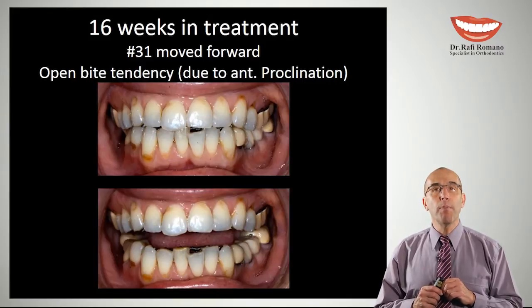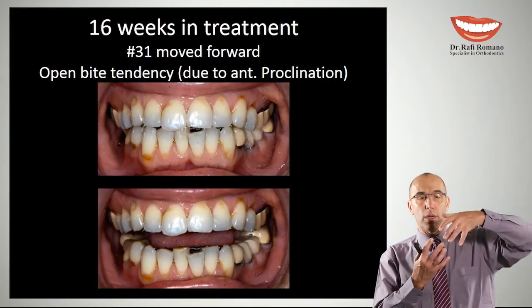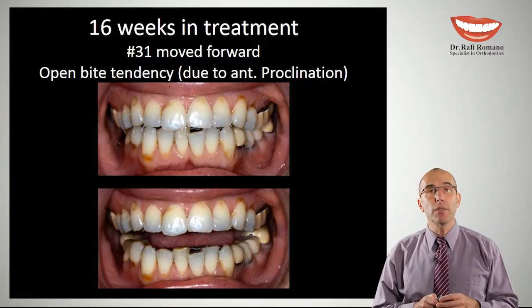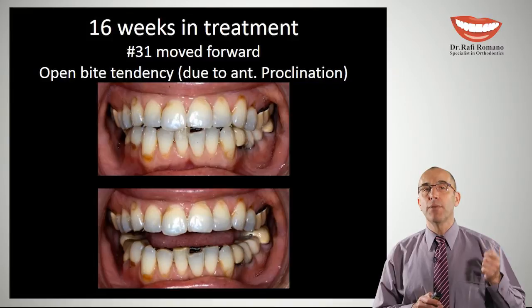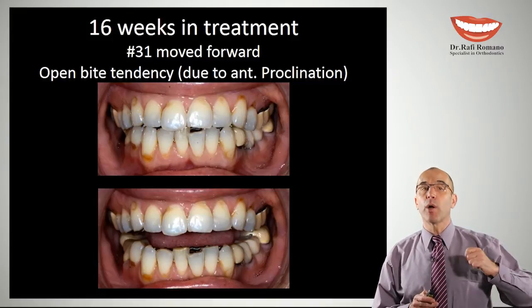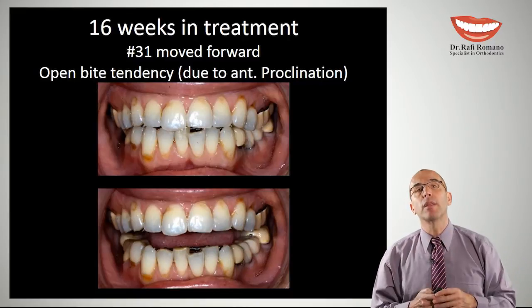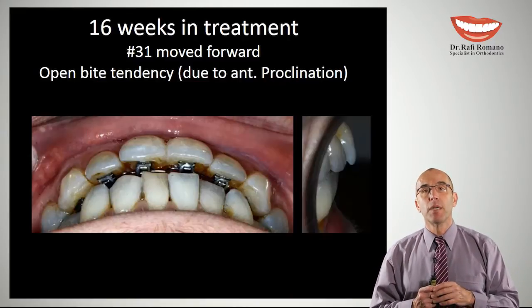You can see the open bite tendency created by the small proclination, and this is very important for us to determine if we want it or we want later on to correct it by doing stripping and moving the teeth further back. Here is the overjet.